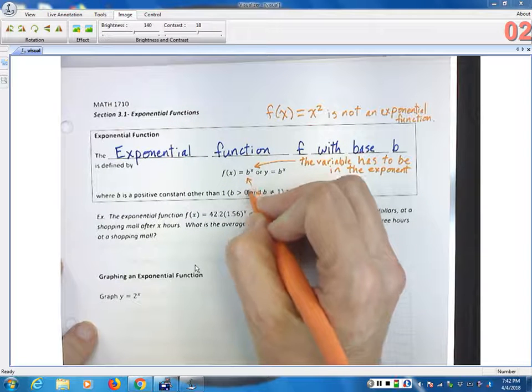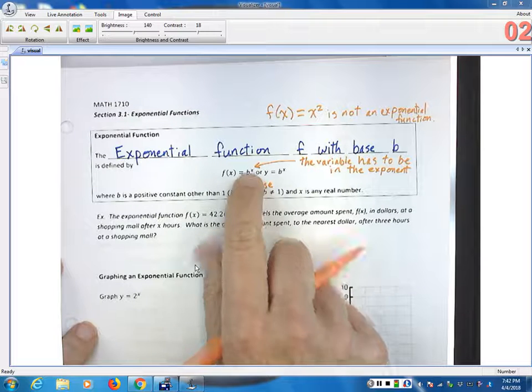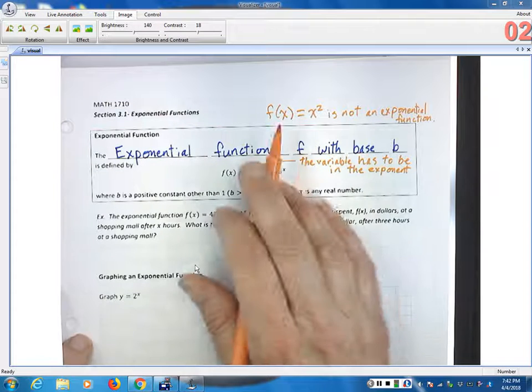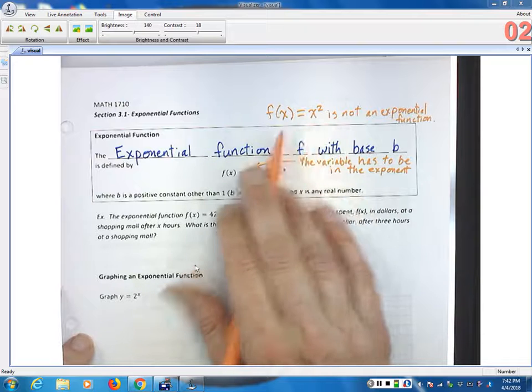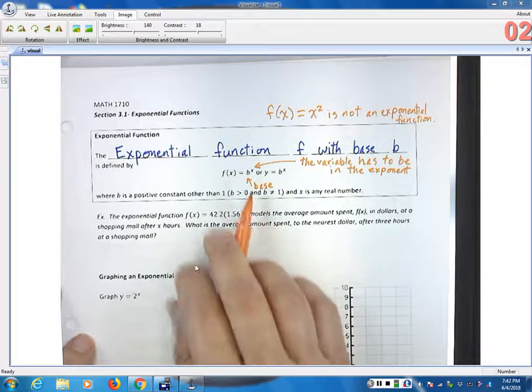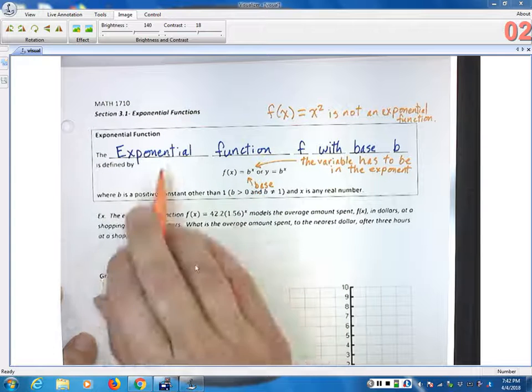So when we have exponents, we have a base, and then we have the exponent. The x is the exponent here. The x doesn't have to be the whole exponent. It could be b to the x plus 1. It's fine, it's still exponential. So that's the difference between this, which was a quadratic function, polynomial function, not an exponential. So we had to have our variable in the exponent for it to be an exponential function.